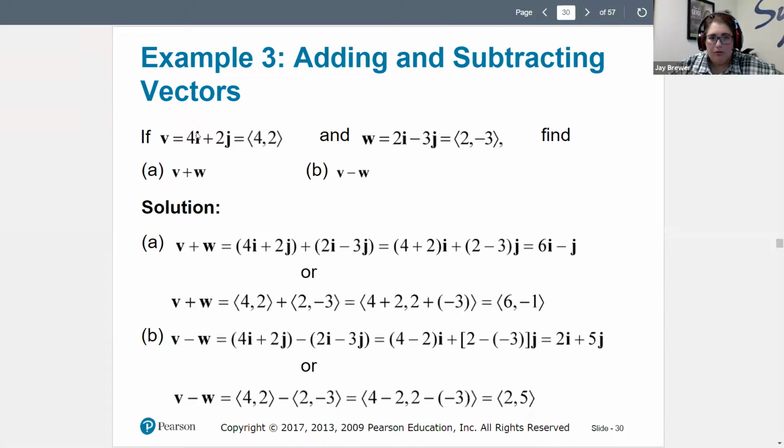So you collect up your i's. 4 and 2, we're adding, so that's 6i. 2 plus negative 3 will give you a negative j, or 6 comma negative 1. Same thing with the subtraction. 4 minus 2 is 2i, so that'll give you a 2. 2 minus a negative 3 will give you a 5. So 2i plus 5j, or 2 comma 5.